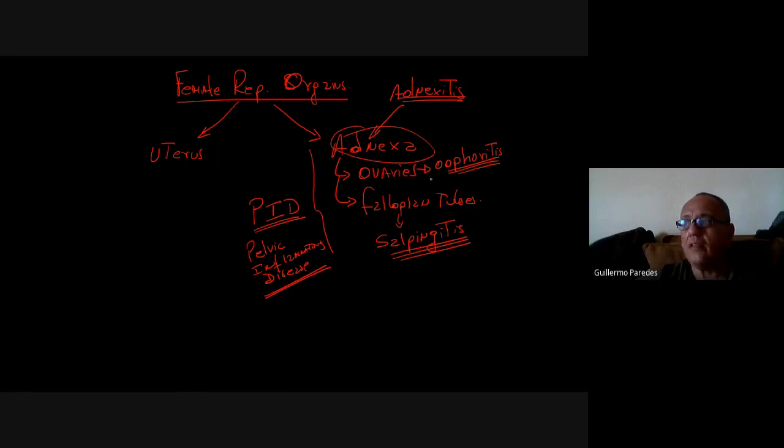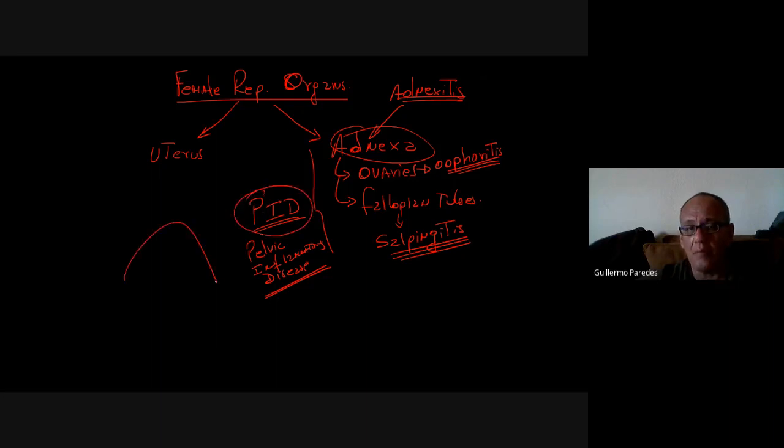Annexitis is inflammation. But when you say PID, it means that it's more related to a bacterial infection. Annexitis could be just inflammation of the ovary, for many reasons: viral, bacterial, sequels of previous diseases, etc. The same for oophoritis and salpingitis. So the terminology is very clear here, please.